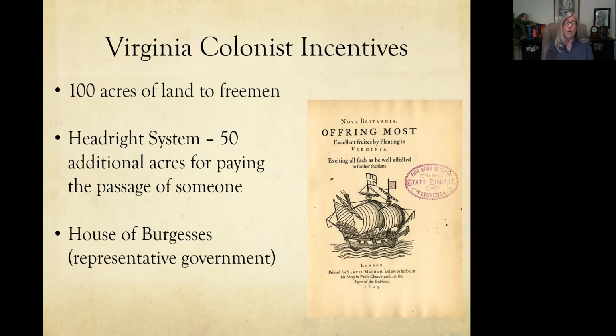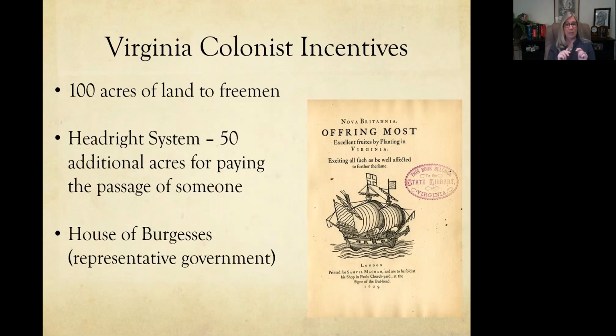Then they also were able to amass huge plots of land through something called the headright system. Let's say that I couldn't afford to pay to get myself to Virginia. I could do what's known as becoming an indentured servant, which we'll talk more about in just a minute, to get myself to the New World.